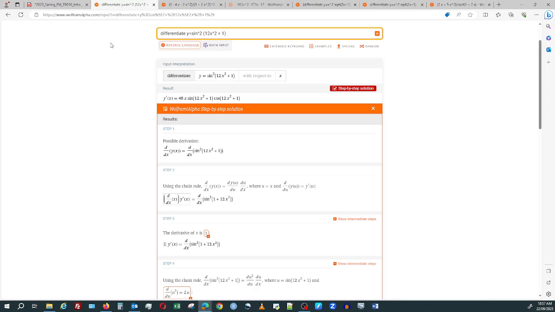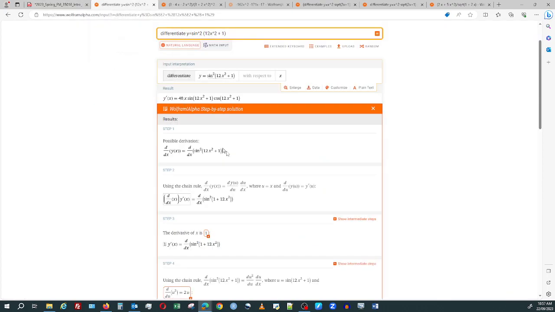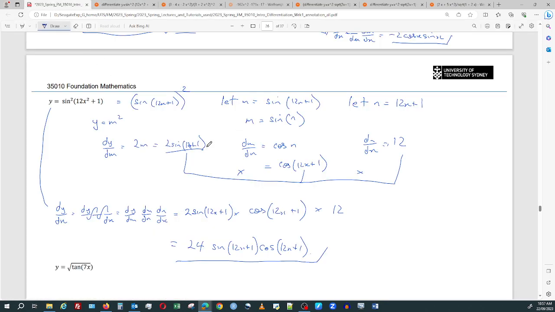Is that 12x or 12x squared? Right, 12x squared plus 1. Left it off. Look, I'm a bad man. Okay, so that's 12x squared.